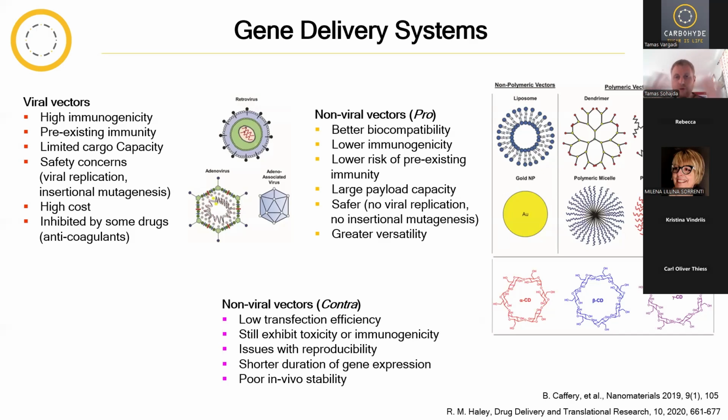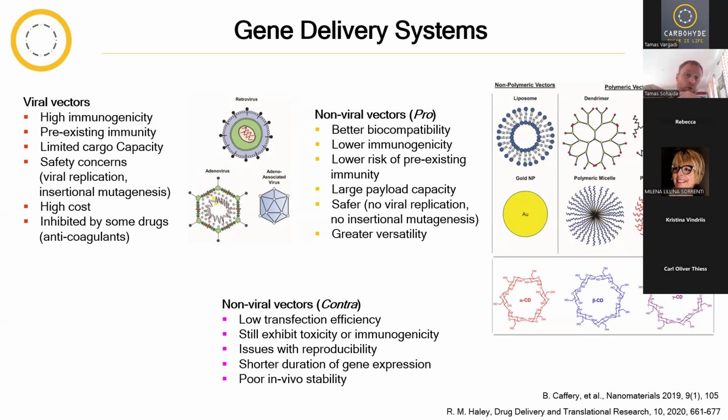So, of course, just a very quick overview. What are the alternatives if we want to develop a gene delivery formulation? Of course, the main challenges, the two main challenges, let's put it like that, when developing such a formulation: we have to protect the cargo, so the plasmid, the RNA, the DNA, whatever we want to deliver.